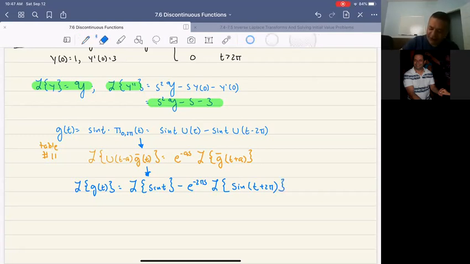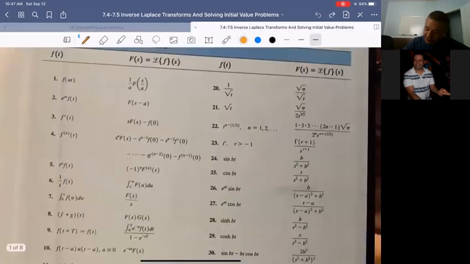So I can actually just get rid of the 2 pi, because sine of t plus 2 pi equals sine of t. Now what is the Laplace transform of sine? Let's go over to our table.